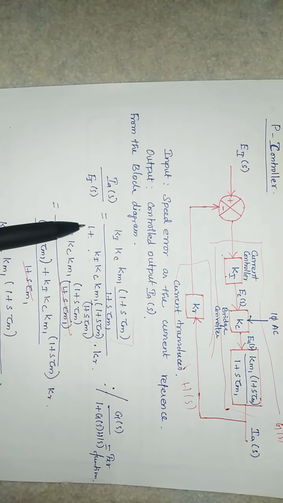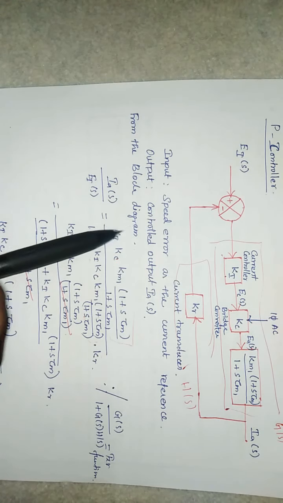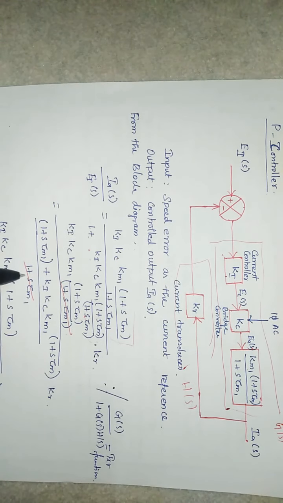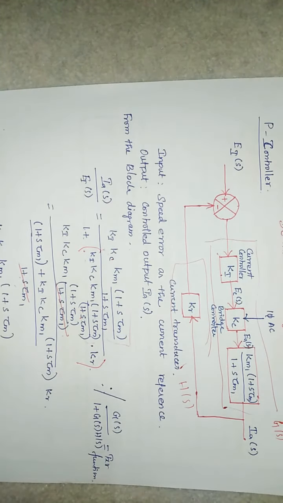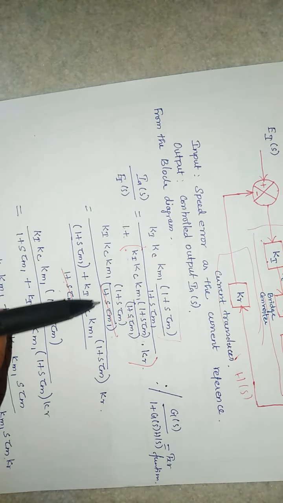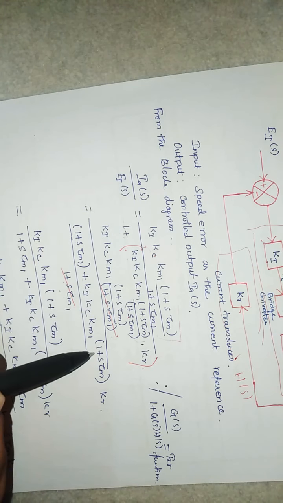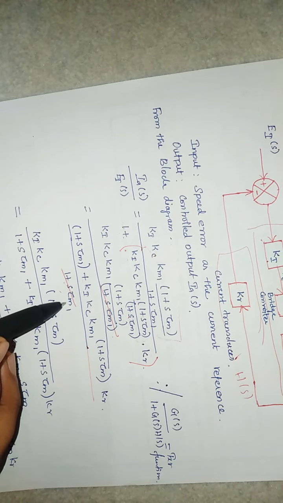So we take the LCM for the denominator alone, and then this term will be common and we can cancel it. The numerator I take as it is, and in the denominator, by cross multiplication, I take the LCM: 1 plus s tau m1 plus Ki Kc Km1 (1 plus s tau m) into Kr, the whole divided by 1 plus s tau m1.